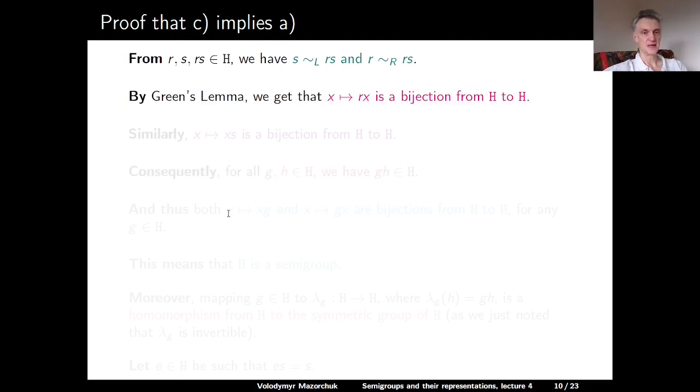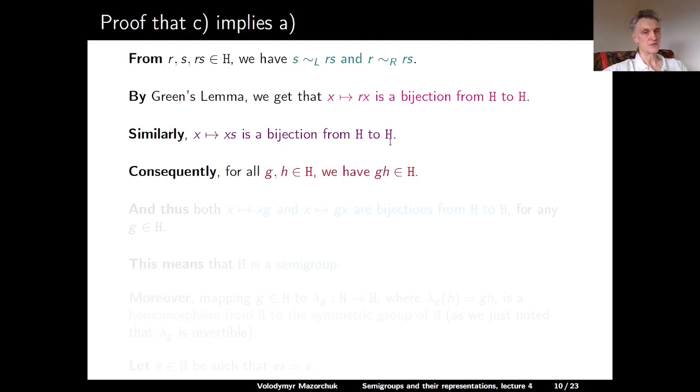Then, by Green's lemma, we have that the map which sends X to RX is a bijection from H to H. And similarly, the map which sends X to XS is a bijection from H to H. But from this, if we combine these 2 statements, it follows that for all elements G and H in our H class, the product GH belongs to our H class.